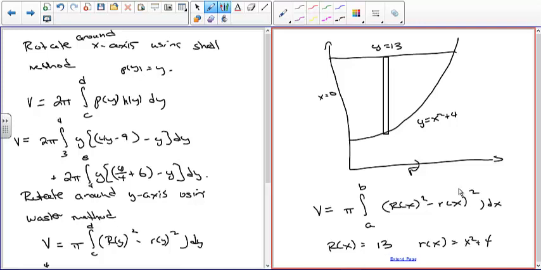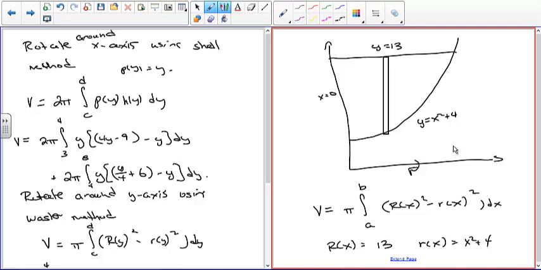Now we need to figure out what the x limits of integration are. So let's see if we can figure that one out. And the point where the two curves intersect is, what is that? X equals 3. So, Cassie, what do you think the x limits of integration would be? Yep, good.